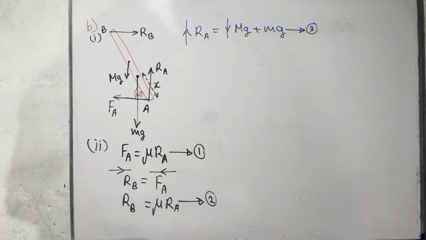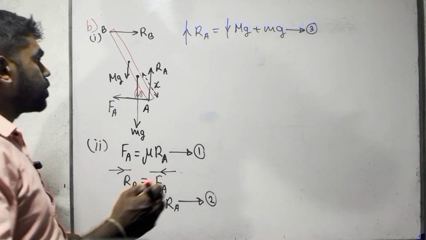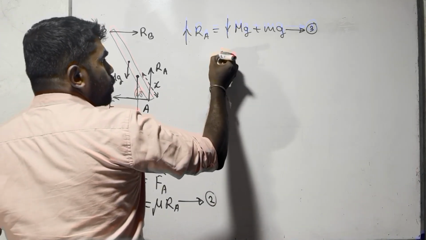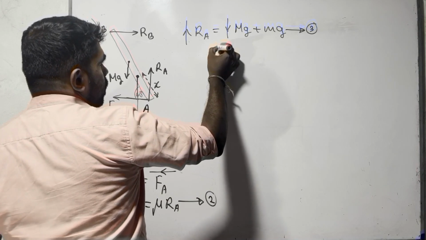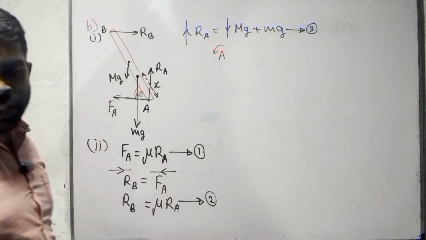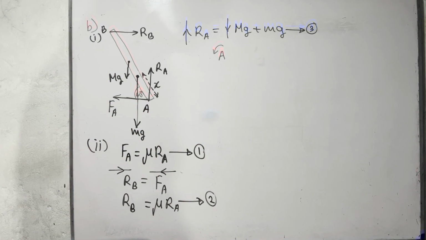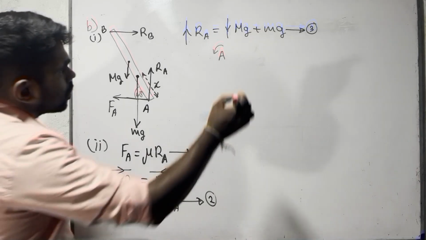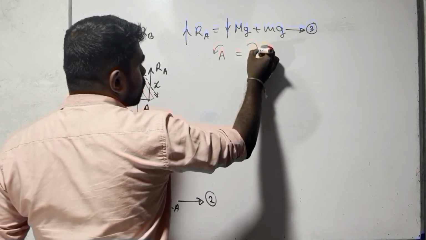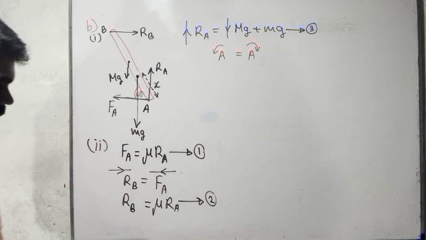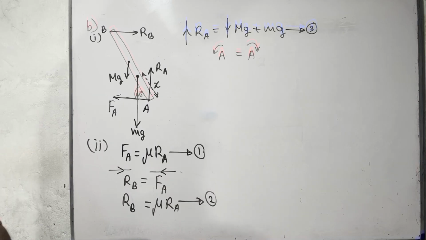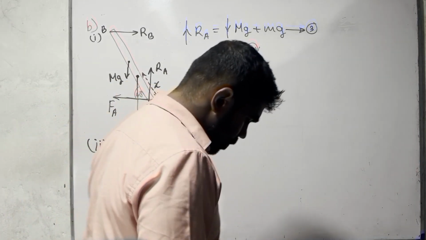Taking moments around A, derive an expression. Then I will get moment around point A. For the limiting equilibrium, counterclockwise torque should equal clockwise torque around point A. For counterclockwise torque, there are two forces we have to consider.